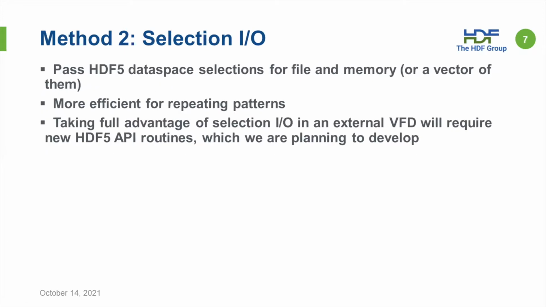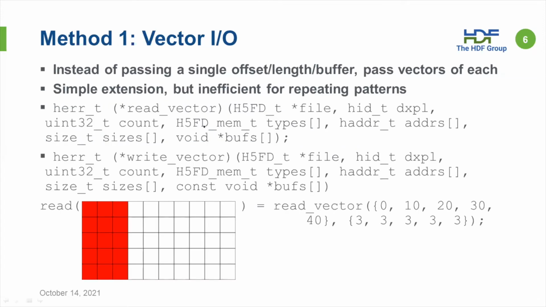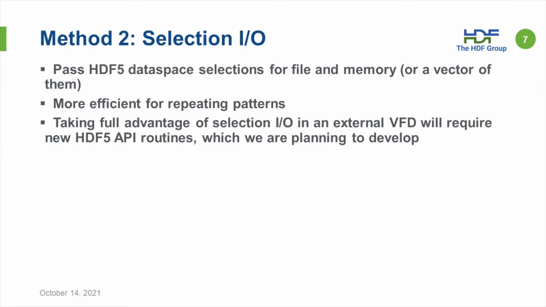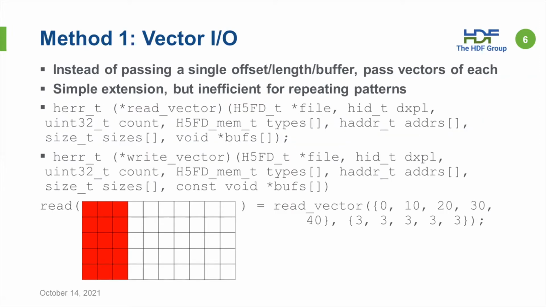And so that works pretty well, but it's not as efficient for example for this case. Imagine that there are 1,000 rows, and there's going to be 1,000 elements, and the file driver is going to have to iterate over all of them. So because this is a simple repeating pattern here, we wanted to have a way to communicate that pattern without having to go over every single block, right?